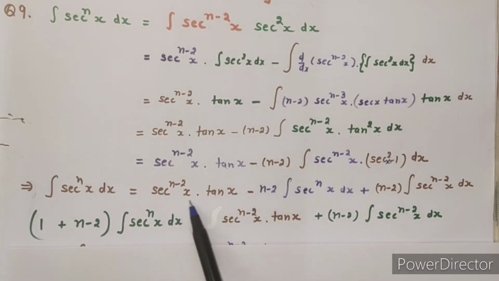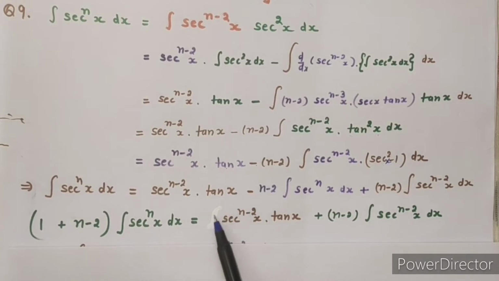And this term I wrote here, the same, and this minus you have already taken to this side, so this plus n minus 2 integration of secant n minus 2 x dx. When I simplify this, it is n minus 2 plus 1, so it means n minus 1. Divide the whole term on the right hand side by this n minus 1. So here it becomes 1.